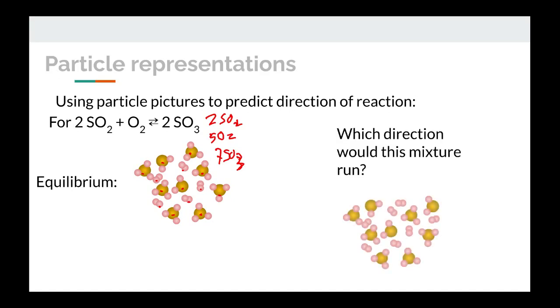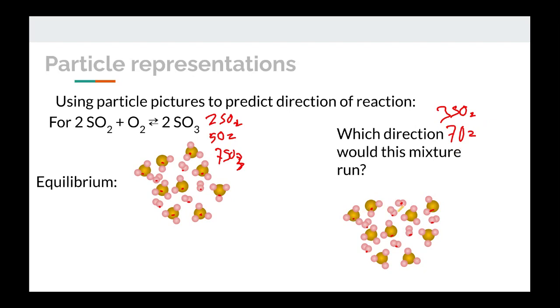Now here's a different reaction mixture. Let's examine this and see if we can predict which direction this reaction mixture is going to run. Is this going to go forward or is it going to go backwards? Let's make a count. SO2, we have 3 SO2s. Oxygen, we have 7 O2s.